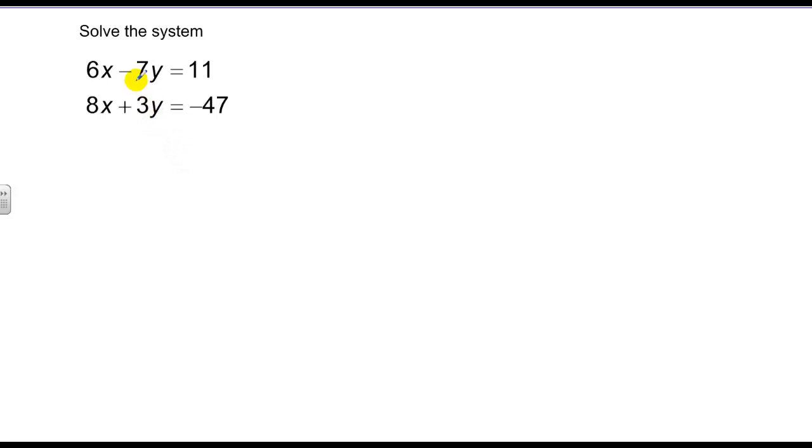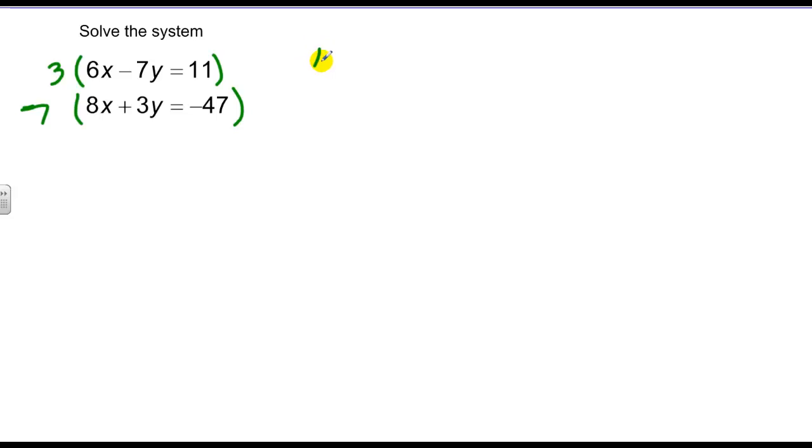I noticed that if I look at 7 and 3, if I multiply 7 by 3 and 3 by 7, I get 21 and negative 21. Those would be opposites, which is what I want. So I'm going to multiply the top by 3, the bottom by 7, and then I'll get opposites.